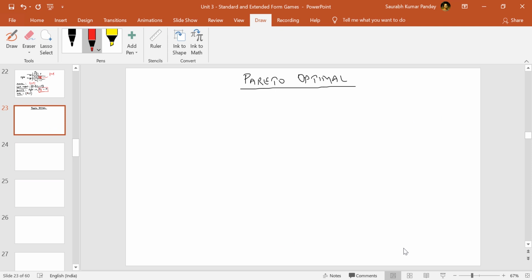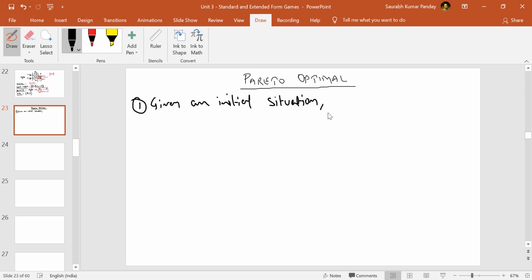Now before saying whether a solution is Pareto optimal or not, let's see what the different points are. The first point says that given an initial situation, some situation is given to you, there is a concept called Pareto improvement.